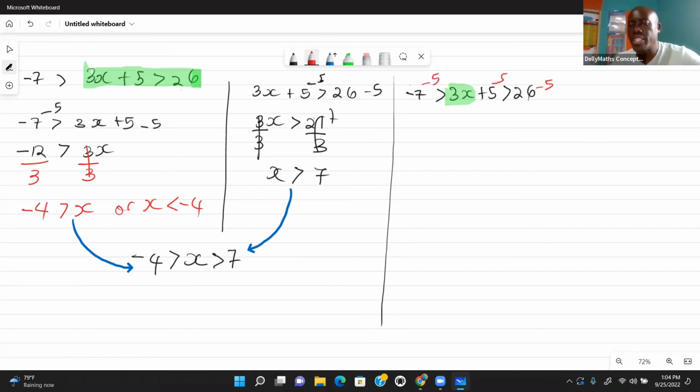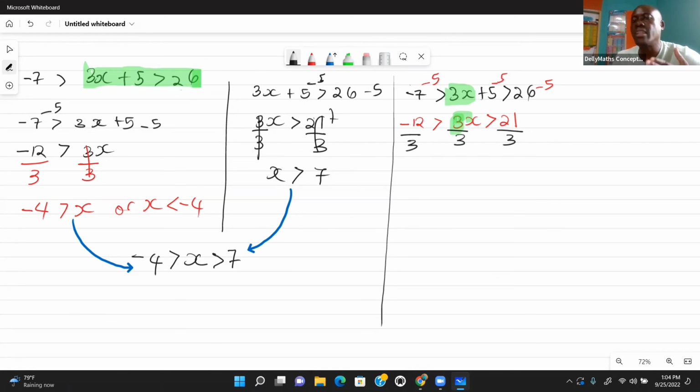Then I'm going to rewrite this. Negative 7 minus 5 is negative 12. I write back my symbol, and then I'll have 3x in the middle, and then greater than 21. Now I realize that I do need to get rid of that 3. How do I get rid of the 3? It is multiplying the x, so I'm going to divide by 3 throughout.